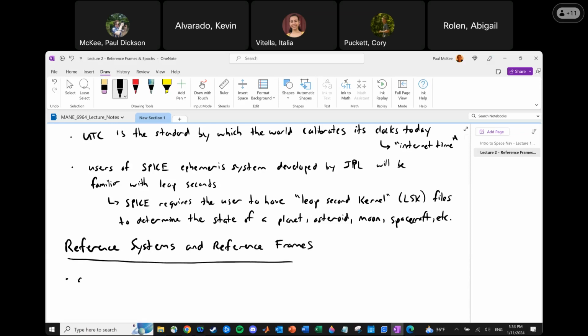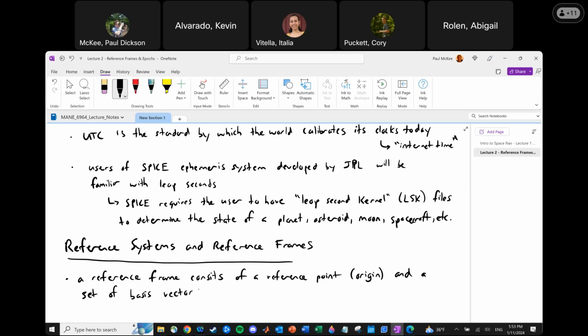So a reference frame, oh, I'm sorry, yes, a reference frame consists of, we knew this already, a reference point, what we might call the origin, and a set of basis vectors, and those basis vectors are typically mutually orthogonal.